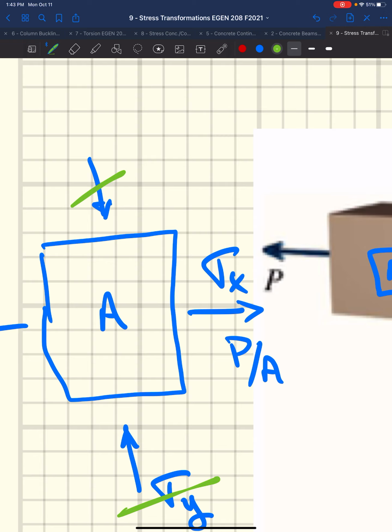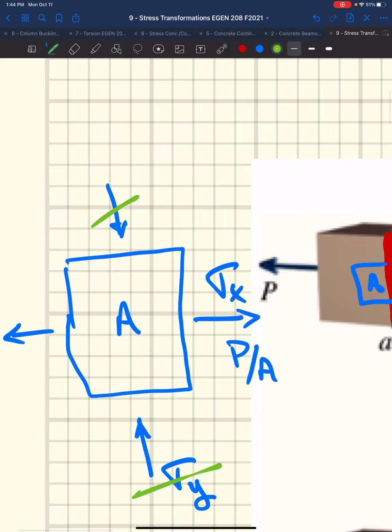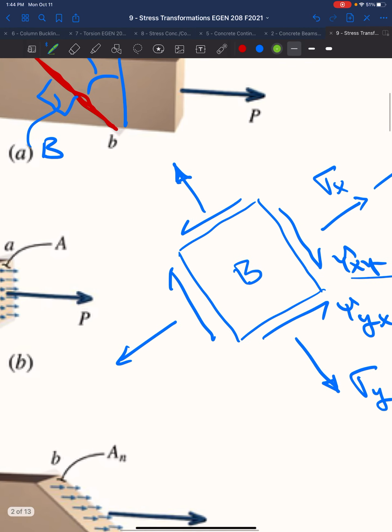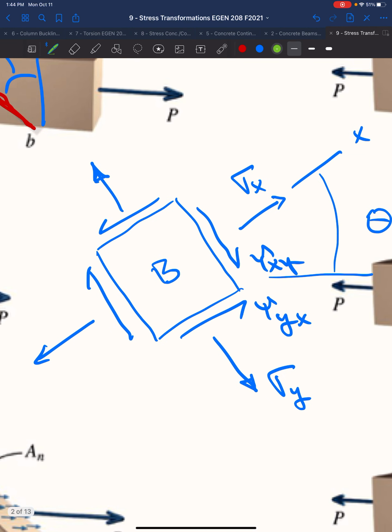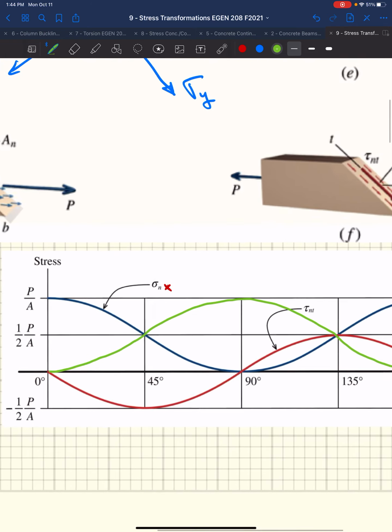We've got this applied P force on our axial member, and that P force has to be carried through this block, so we need to maintain equilibrium. So the normal stress is essentially taking both of these and adding them together. All right, so it looks something like this.